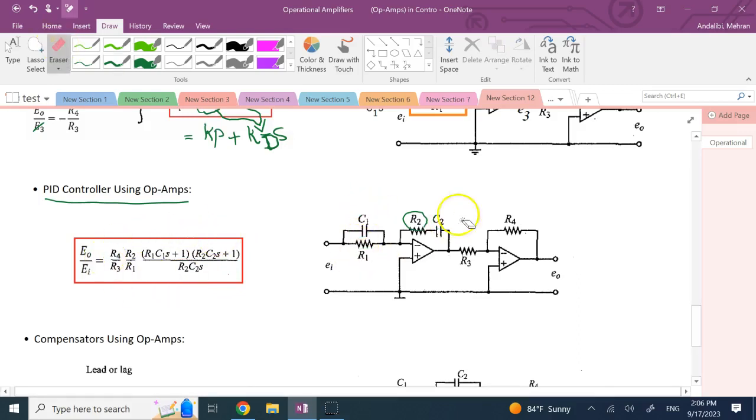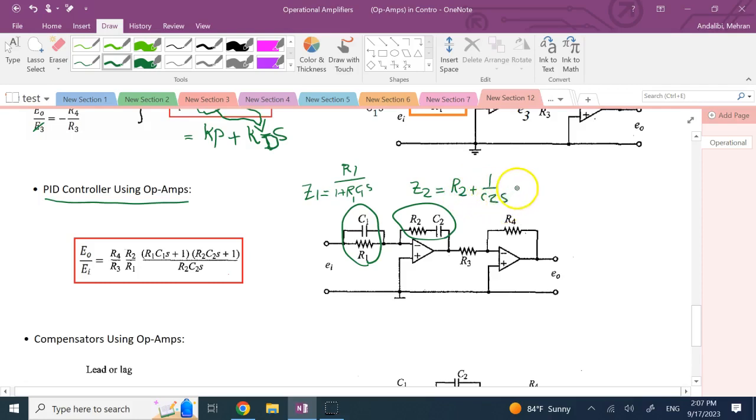And it's not hard again, right? All you need is to say how much is Z2, how much is Z1. Here, your Z1, as we calculated last time, is R1 over 1 plus R1 C1 S, and Z2 here, since these two are just added together, is going to be R2 plus 1 over C2 S. Or if you write it, it is going to be 1 plus R2 C2 S over C2 S. And these two terms, that denominator and that one, are what you can see here in the numerator.